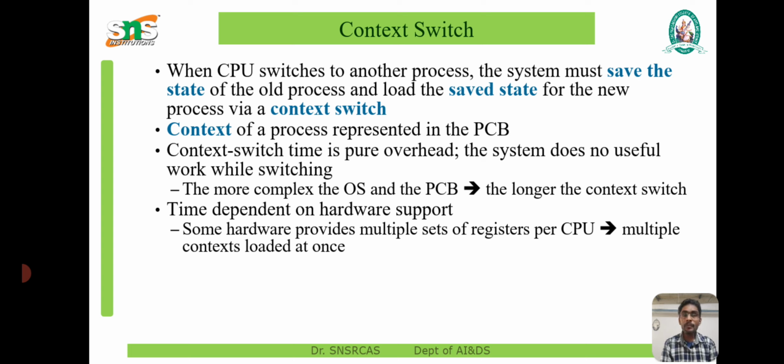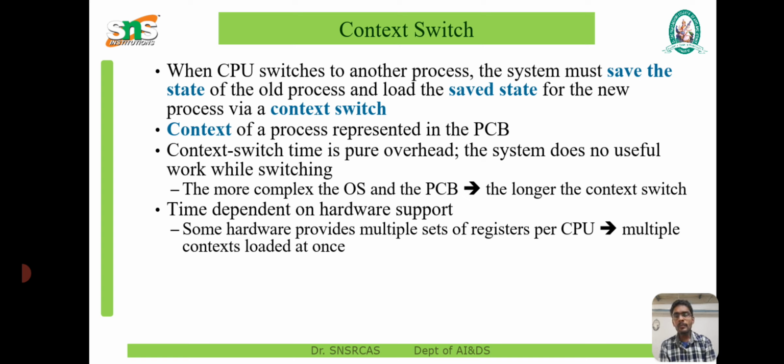Context switching time is pure overhead. The system does no useful work while switching. The more complex the operating system and the process control block, the longer the context switch takes.